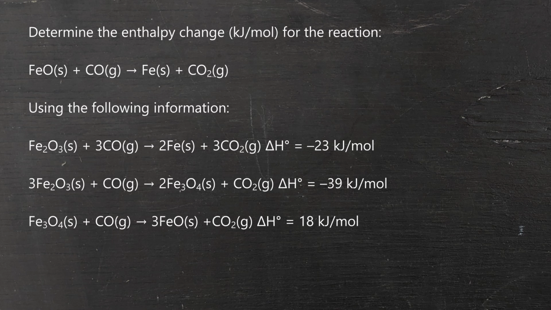Now for our final question. Things are a bit more complicated because we haven't been given the enthalpies of formation. We don't know how much energy it takes to break these molecules down into their base elements. So instead, we're going to have to combine other complete reactions in order to determine what the enthalpy change is for the reaction of iron 2 oxide with carbon monoxide to produce iron and carbon dioxide.